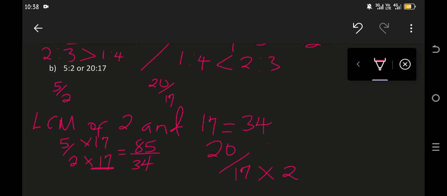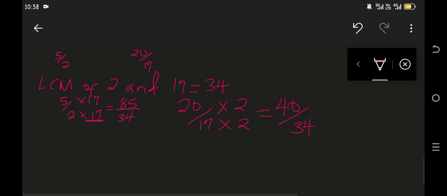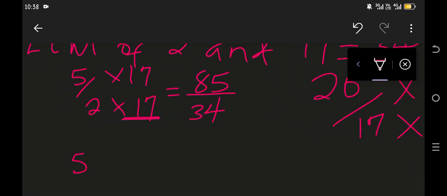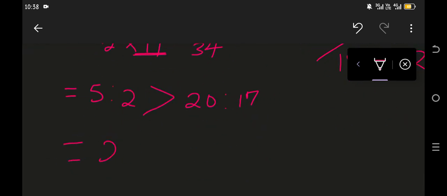You take that 2, you also multiply it by the numerator. That will be 40 over 34. Now, if you look at this, you will see that 5 over 2 is greater than 20 over 17. This means that the ratio 5 to 2 is greater than 20 to 17. Or you can say 20 to 17 is less than 5 to 2.